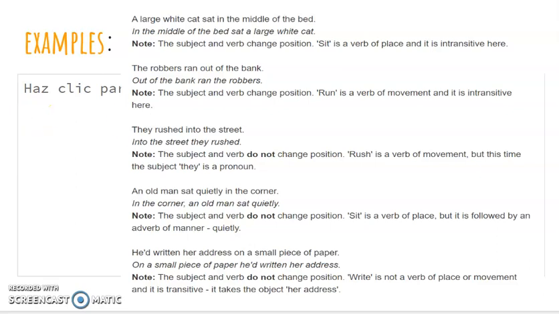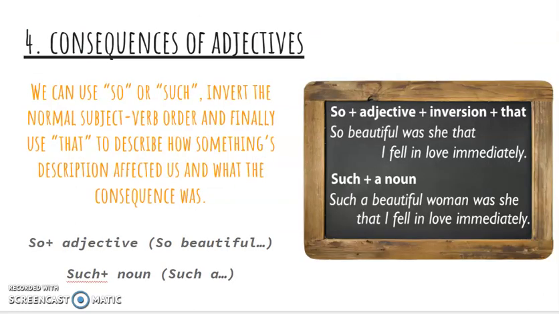So if you want, you can pause the video, analyze the examples, and go back and forth as many times as you need. Right, I think we're ready to move on to the next slide, the next type, which is consequences of adjectives. These are inversions basically with "so" and "such." They're quite well known.